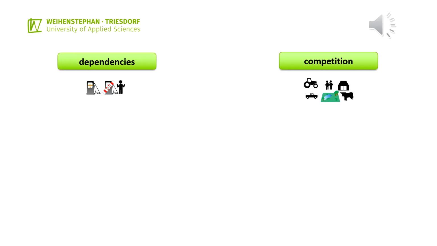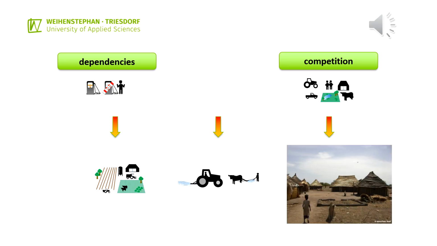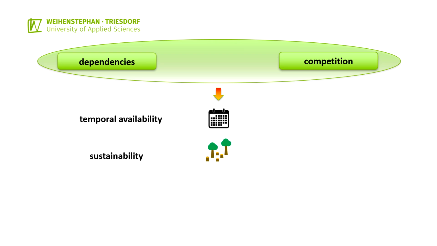These effects vary depending on the production system, the degree of mechanization, and regional conditions. Within these 2 main categories, further classification features can be considered. These include, for example, the temporal availability, sustainability, and the consequential effects of the different energy sources.